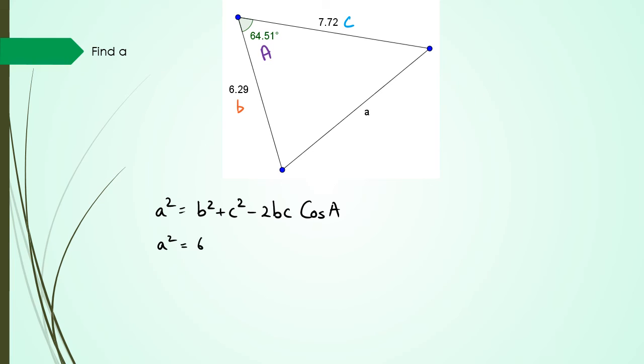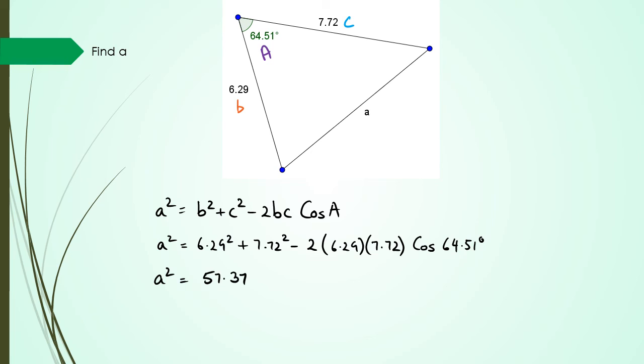So a squared is equal to 6.29 squared plus 7.72 squared minus 2 times 6.29 times 7.72 multiplied by cos 64.51 degrees, which gives me an a squared value of 57.37, and a is going to equal the square root of 57.37. So therefore I can say a is equal to 7.57.